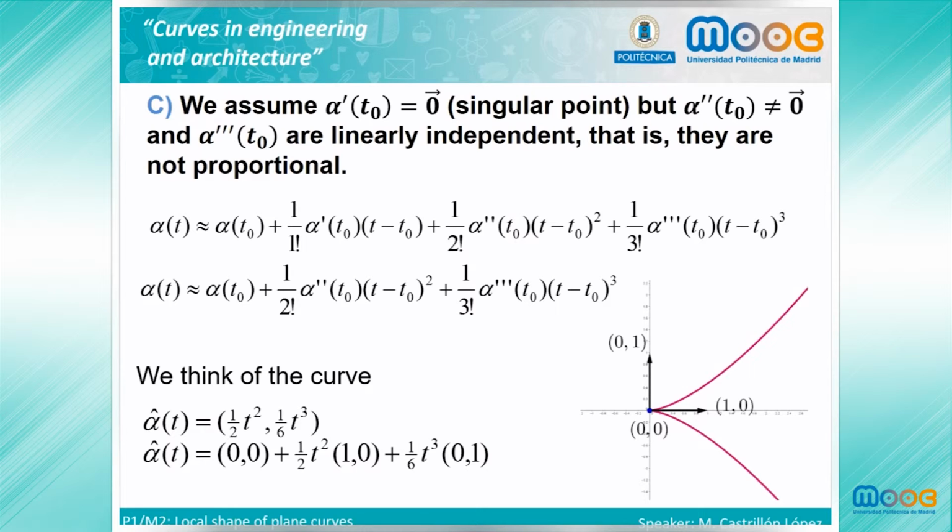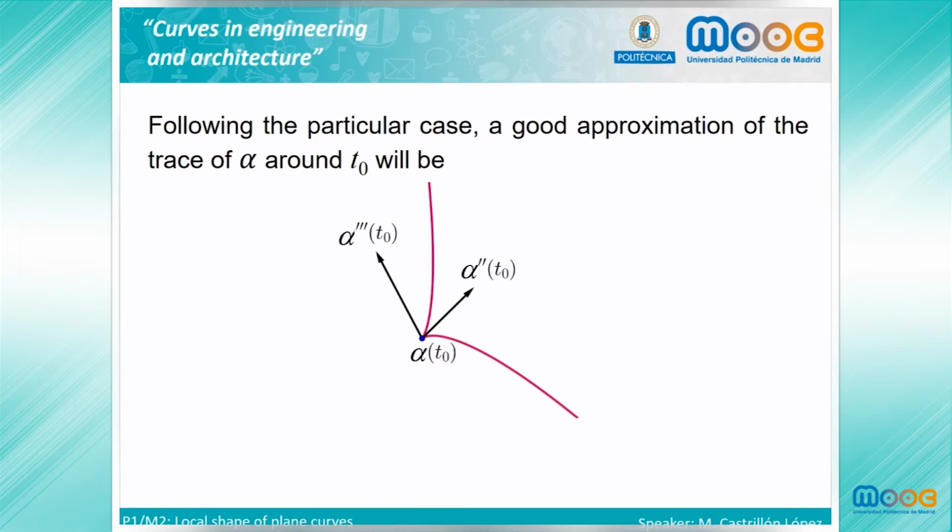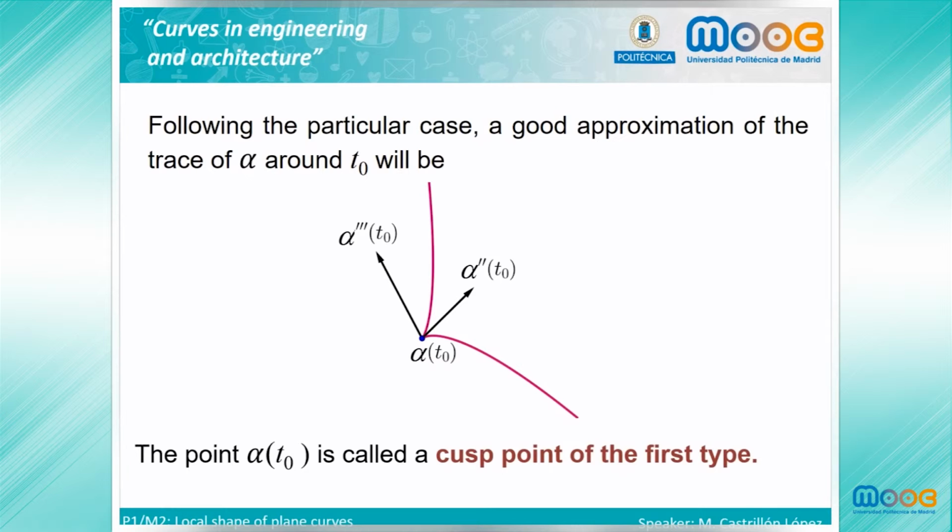This is a cusp, and following that particular case, a good approximation of the trace of that curve around the point will be something similar. We have that point and those two vectors, the second and the third derivative. Points like this are called cusp points of the first type.